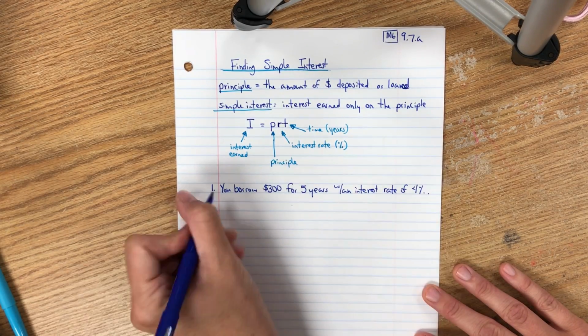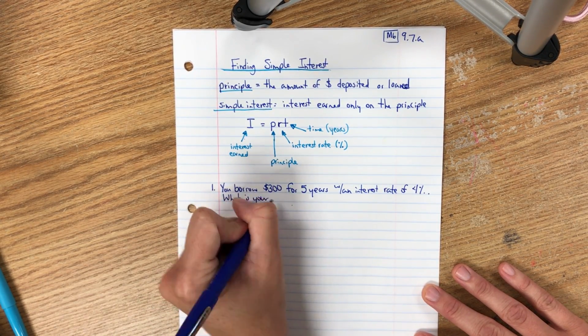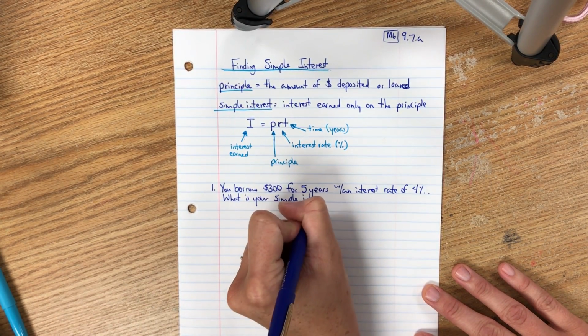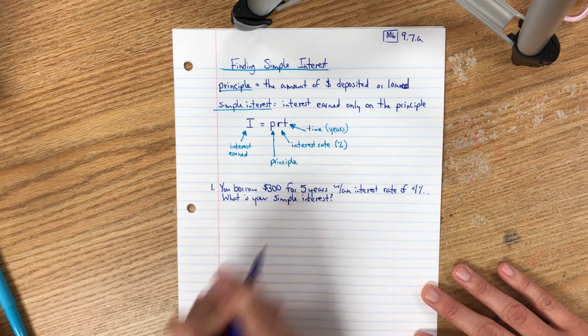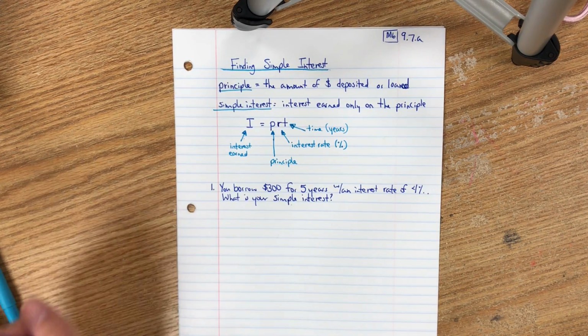Okay, so the question is, what is your simple interest? So you want to know how much you are paying the bank for the borrowing of that money, because banks will let you borrow money, but they won't let you just borrow it for free.